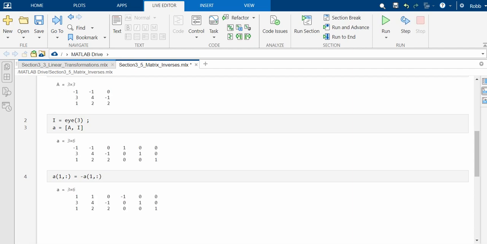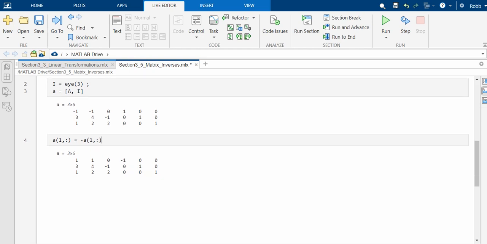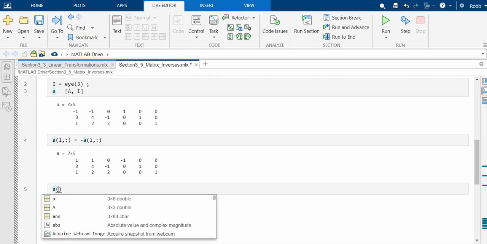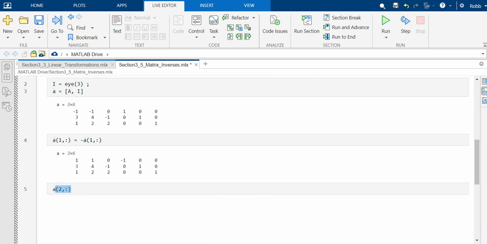Now I do have that positive 1 in the top left corner of my matrix A, which is going to make my second row operation pretty easy. The second row of A will be equal to the second row of A minus 3 times the first row of A.